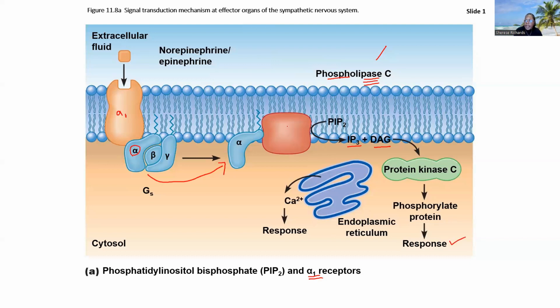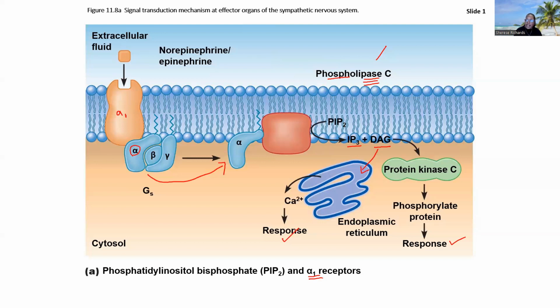The other thing is that DAG can also result in calcium release. So this is the endoplasmic reticulum. This is an organelle inside the cell, and its main role is to store calcium. So when the endoplasmic reticulum releases this calcium, that can also be another way that we can result in cellular response. And you don't need to know exactly what the cellular response is.